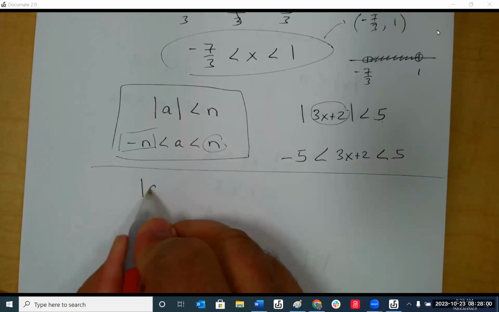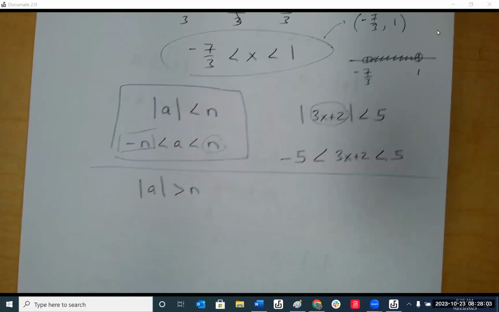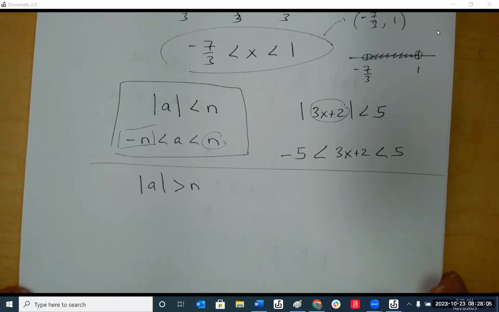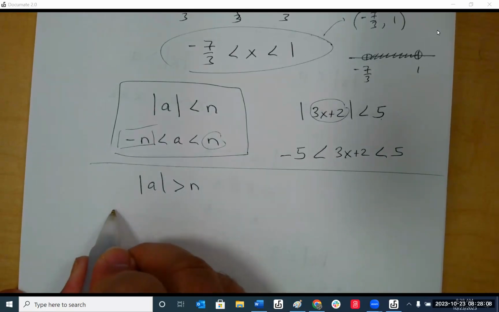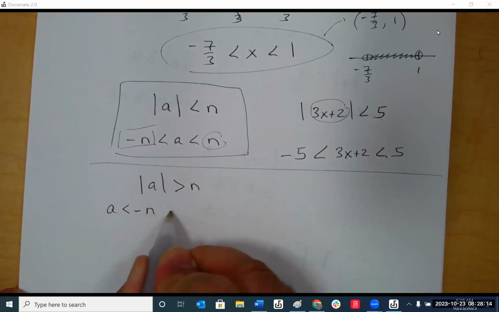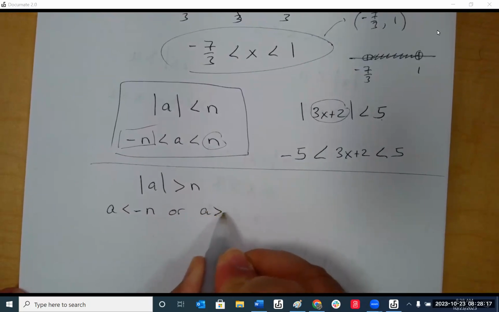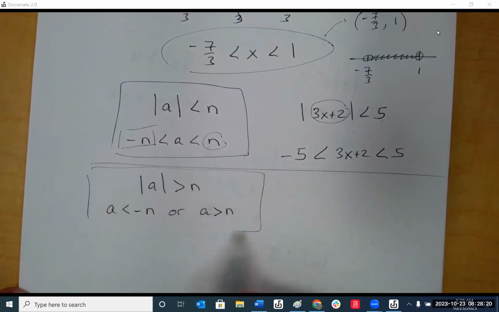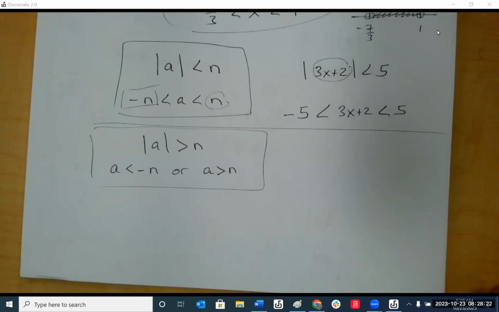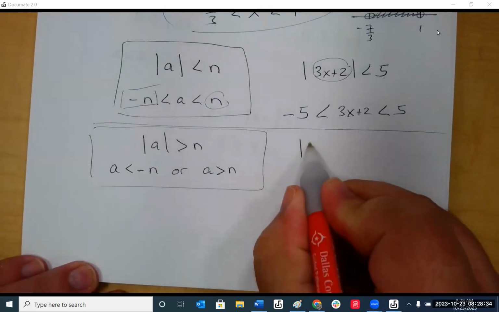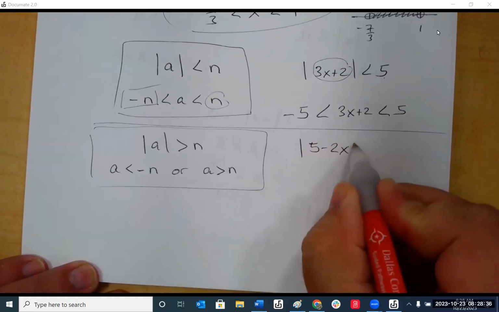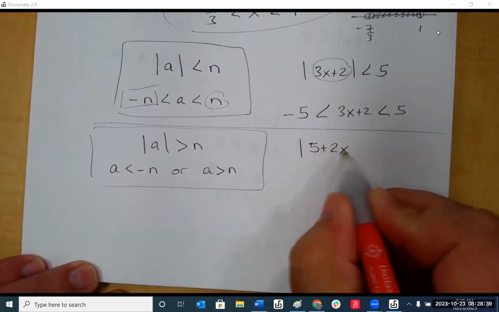Conversely, if we had a greater than sign, that's going to be A is less than negative n, or A is greater than positive n. Let's do that one first.